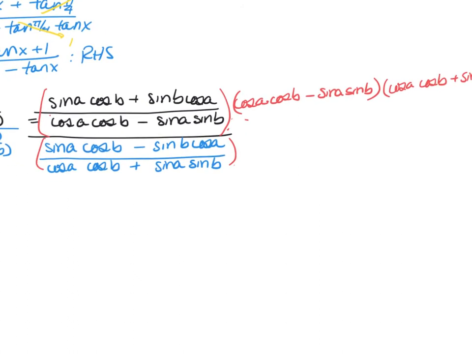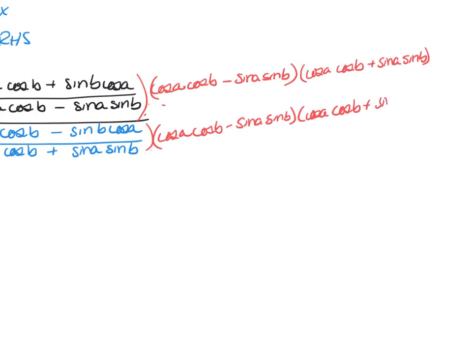I'm going to multiply it by the cosine of A cosine of B minus the sine A sine B, and the cosine of A cosine of B plus the sine A sine B.